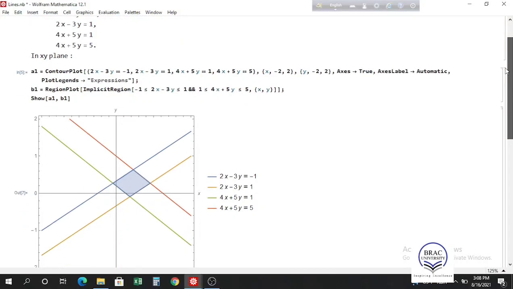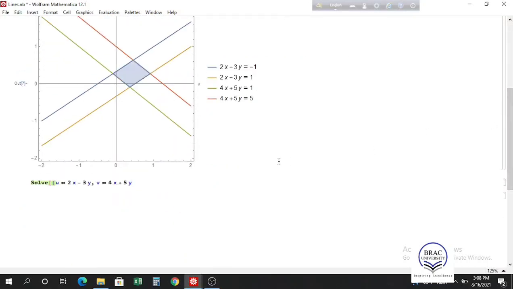I want to know x and y from this. So these are our x and y. Let's define x and y first, then I'll be able to find the Jacobian easily. So define x equals 1 by 22 times 5u plus 3v, and y equals 1 by 11 times v minus 2u.